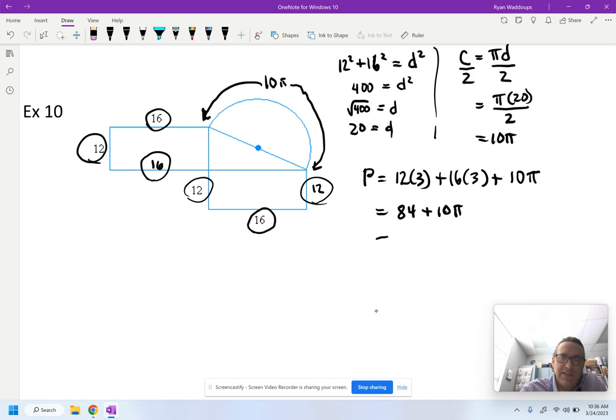Then the perimeter, so this is the exact answer. The perimeter then is approximately equal to 115.42. And again, there's no units here, so we'll just call it units.